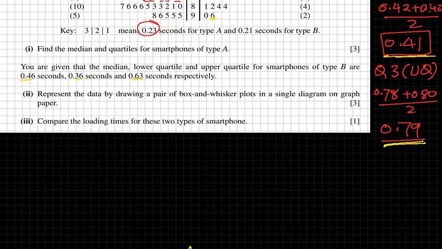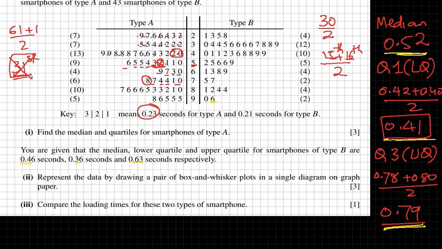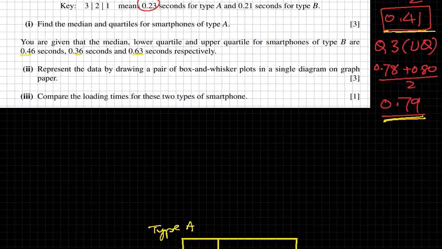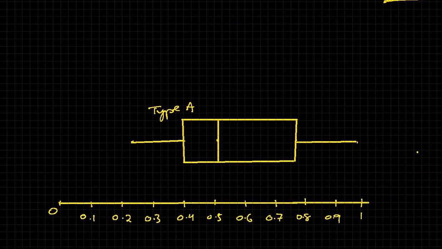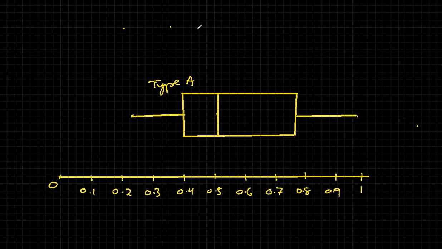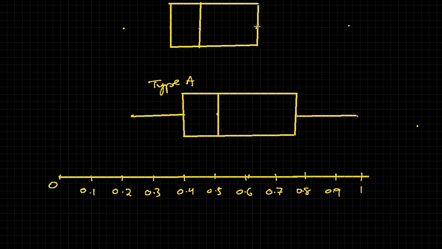The smallest number in time is 0.21 for type B, and the highest is 0.96. Okay, this is type B.